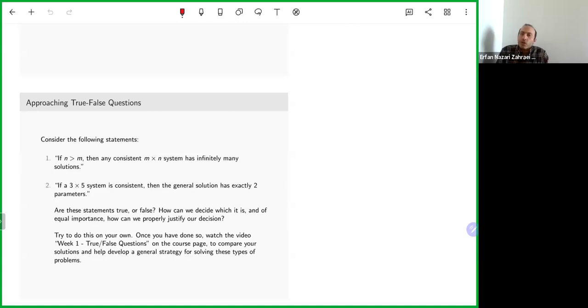So then maybe this statement is false, but actually you can create a counterexample for it to disprove it by making an example that exactly highlights this difference between the theorem or the definition or whatever you have in the course, and this claim, this true false statement.